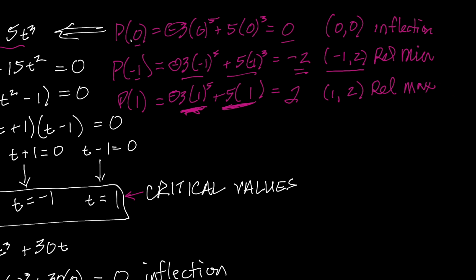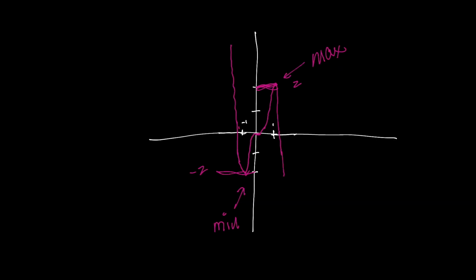Before I make my graph, I just noticed this is a negative 2 here, so I forgot to write the negative there. So let me go ahead and do that, and then we'll go to the next slide and show you what the graph looks like. All right, here's a quick sketch I just did.